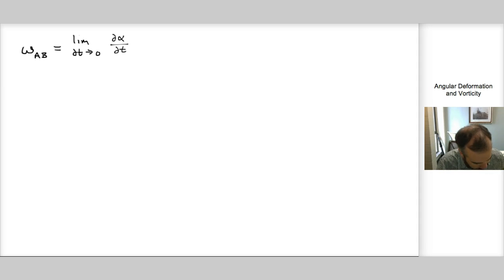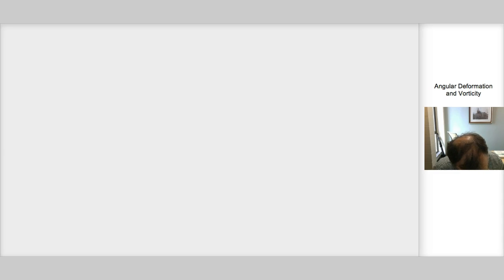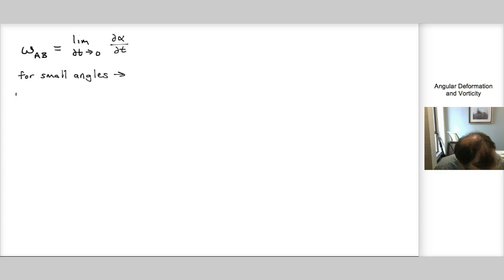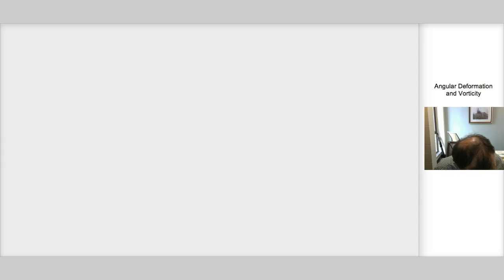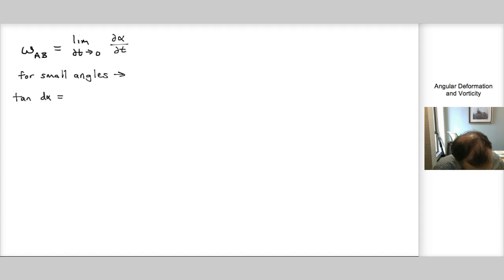Okay, well, as dt gets small, then d alpha presumably is going to get small. So as we make dt really small, and approach 0, then d alpha is going to be small. And so for small angles, we can say that the tangent of d alpha is equal to approximately d alpha.